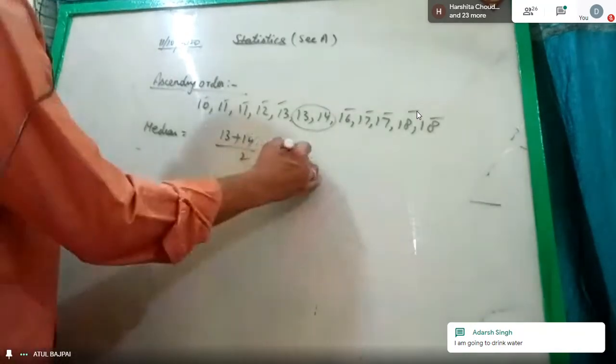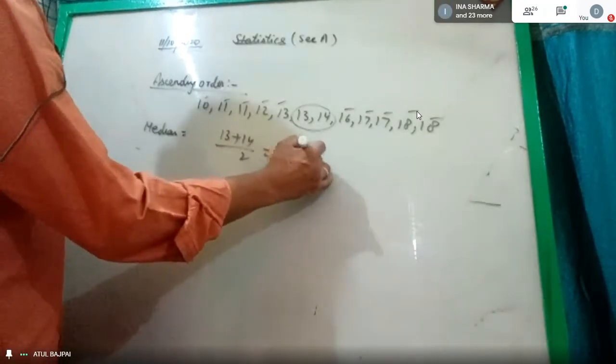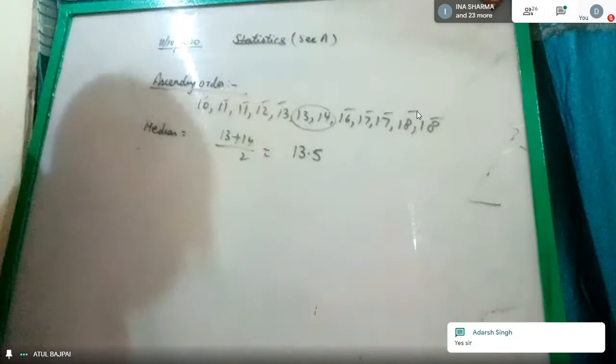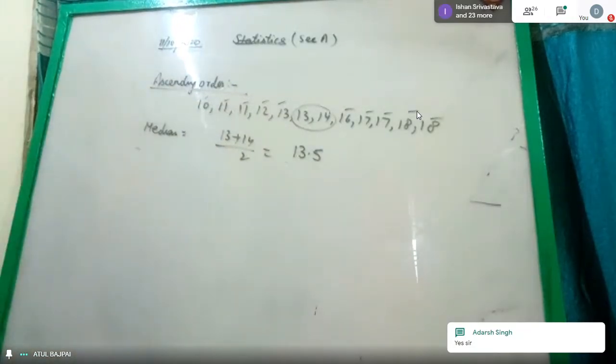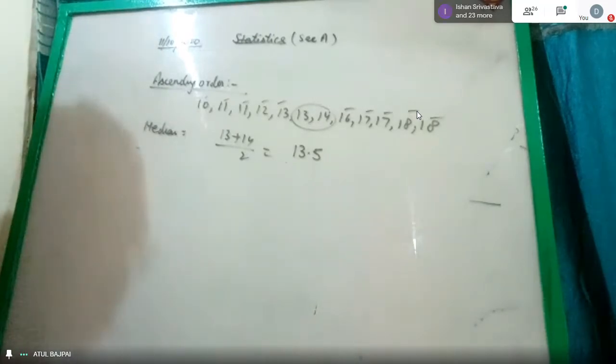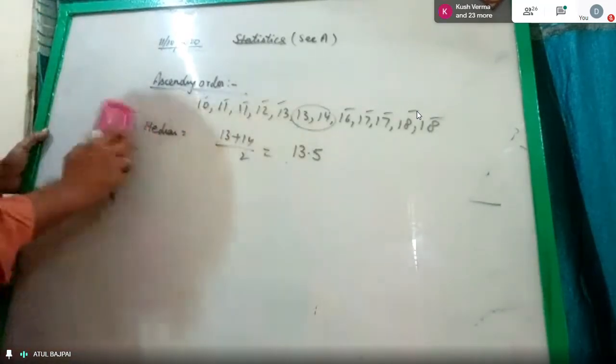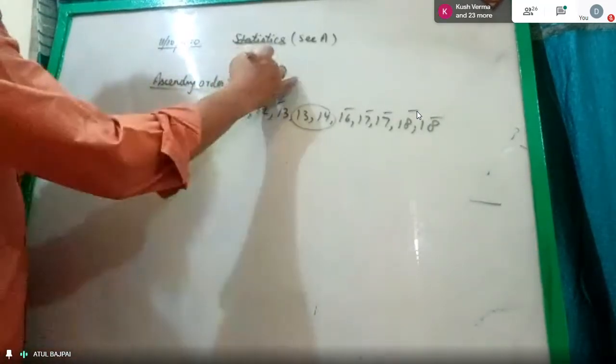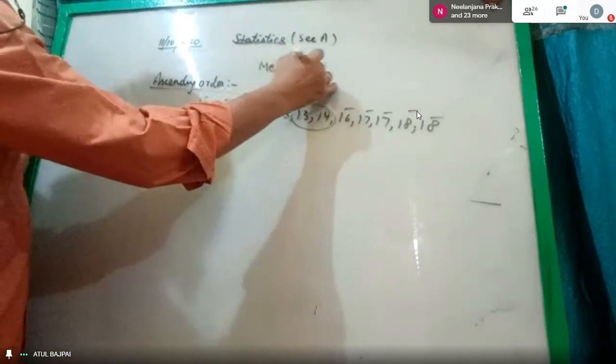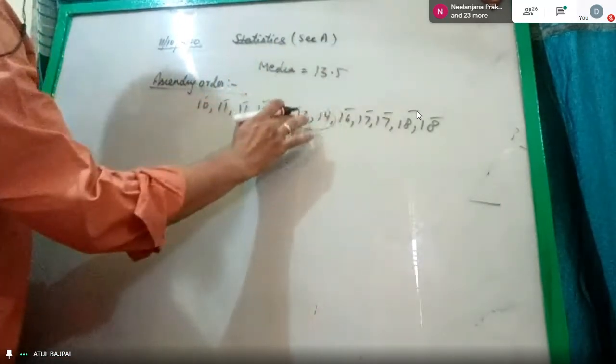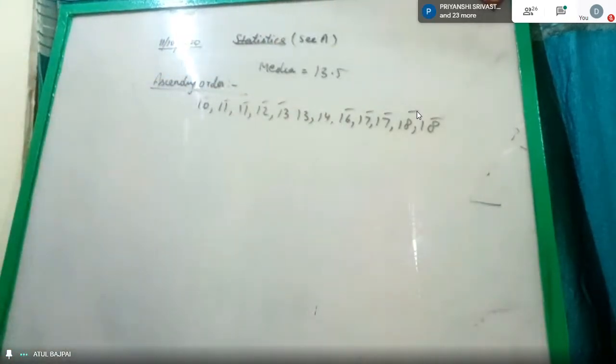What answer do we get? 13.5. Till here it is clear, everyone? This is our median. Median is 13.5. You can apply the formula also, the class 10 formula.